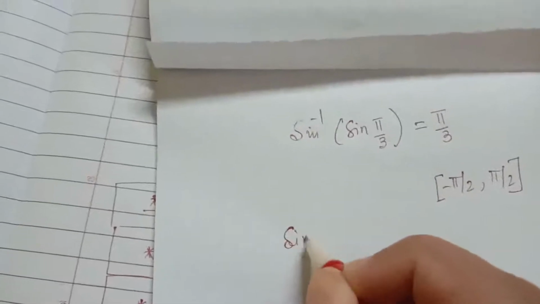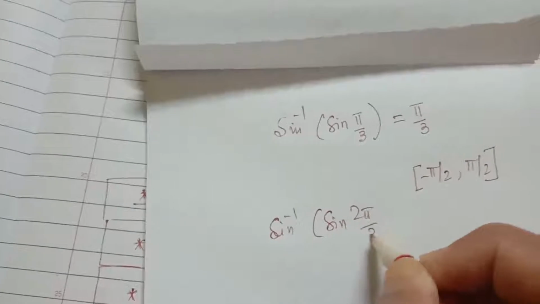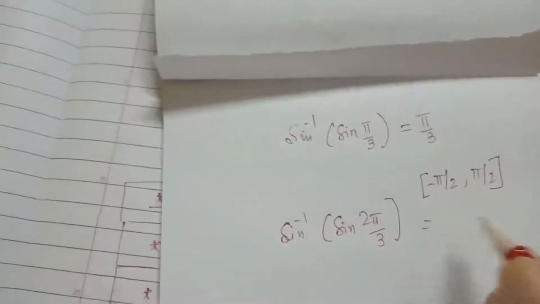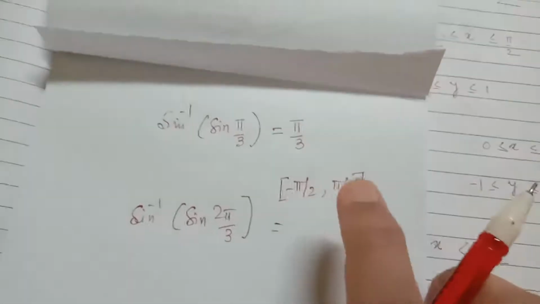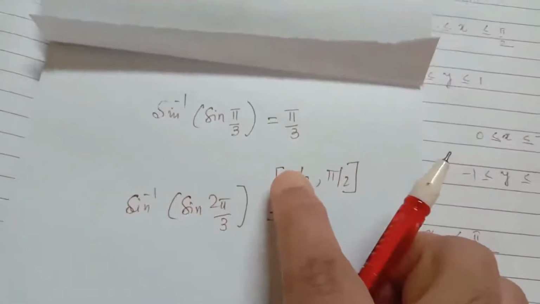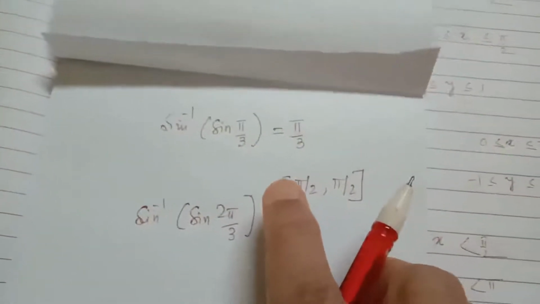But sin inverse of sin 2 pi by 3. Now, just see, -pi/2 to +pi/2 means in degree measure -90 degree to +90 degree. For any angle from -90 to +90, this result will be true.